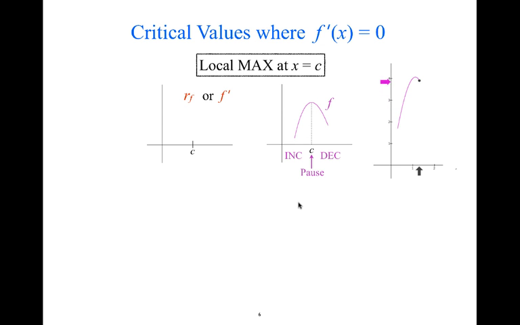Function increasing, function pausing, function decreasing. What would that mean for the rate? Each of those things. And then, can you sketch that? So, words and a sketch for the f prime, for the rate function.